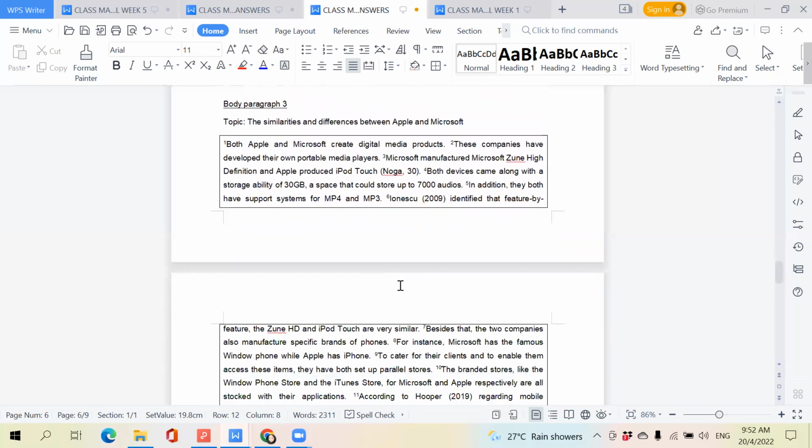All right. Now let's look at body paragraph number 3. The topic is similarities and differences between Apple and Microsoft. Again, as you can see here, the topic sentence is sentence number 1. Sentence number 1 says both Apple and Microsoft create digital media products. It's a very short sentence, but it's concise.